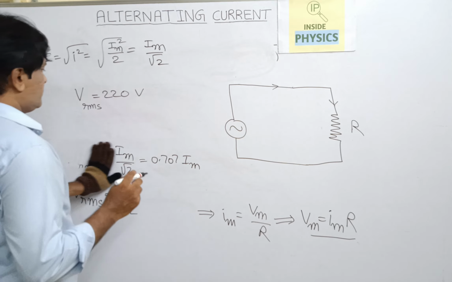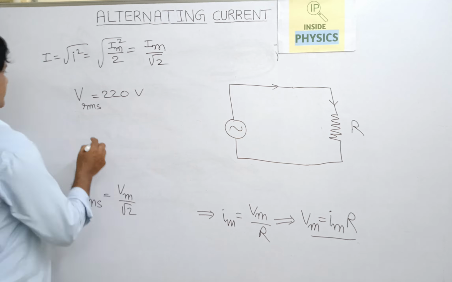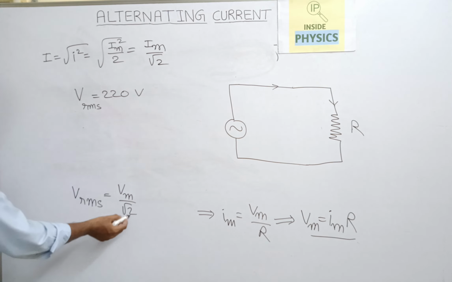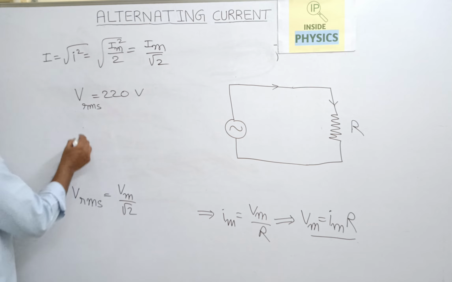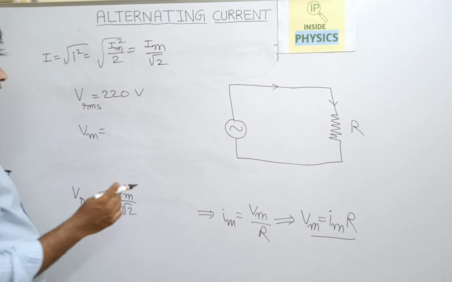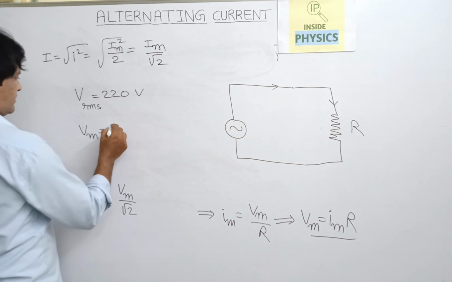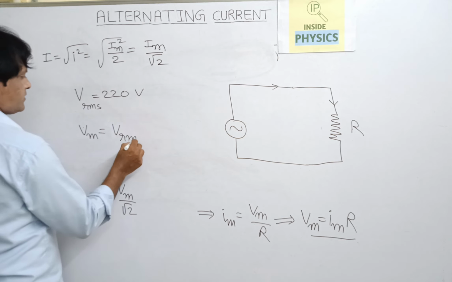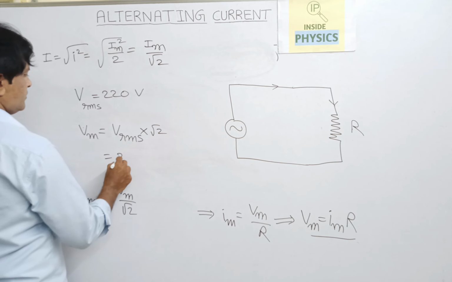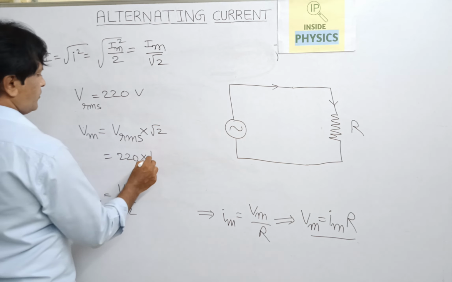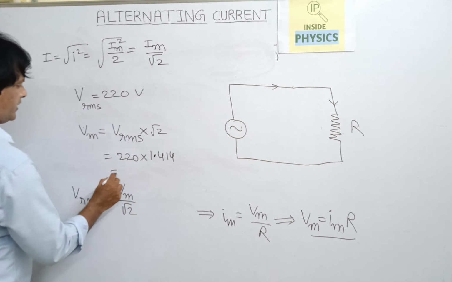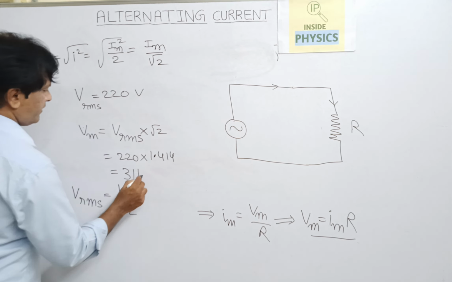So what is the actual value? Since it is the root mean square value, we know that V RMS is equal to V m by root 2, so the maximum voltage V m is equal to V RMS into root 2, that is 220 into 1.414. This comes to around 311 volts.